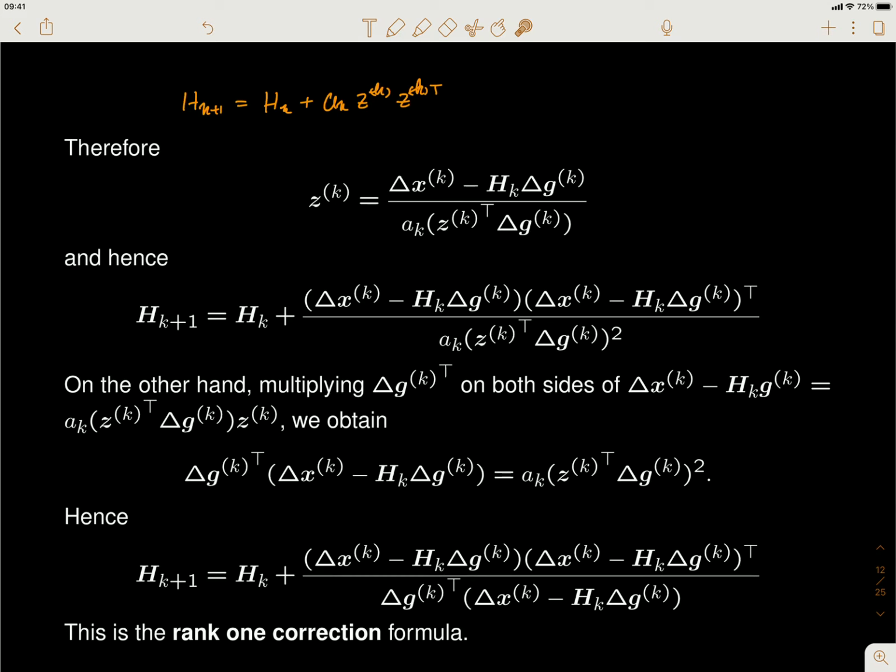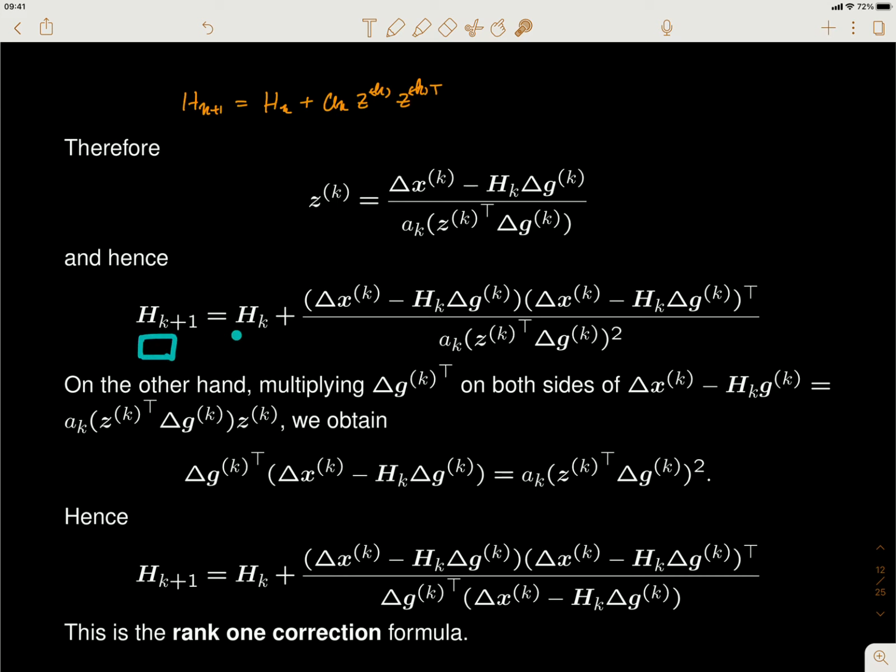we have done this kind of artificial transformation, but it didn't really help us to get what ZK and AK are because they're still here, right? They're still here. To get rid of them, let's multiply the delta GK transpose on both sides of the equation above. So I'm going to multiply the delta GK transpose, which is a row vector. So now both sides are matrices.